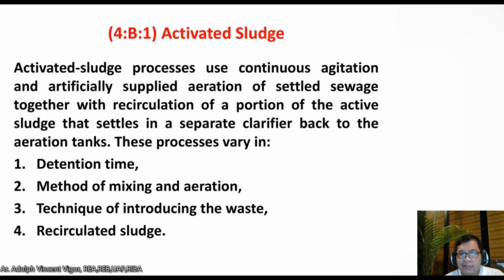And activated sludge processes use continuous agitation and artificially supplied aeration of settled sewage, together with recirculation of a portion of the activated sludge that settles in a separate clarifier back to the aeration tanks. These processes vary in 1. the detention time, 2. the method of mixing and aeration, 3. the technique of introducing the waste, and 4. the recirculated sludge.